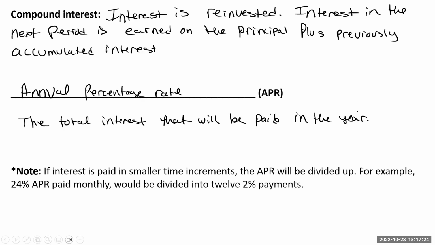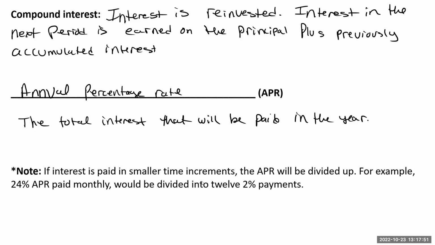For example, if interest is paid in smaller time increments, the APR will be divided up. If you have a credit card with a 24% APR paid monthly, that would be divided up into 12 2% payments over the course of an entire year.